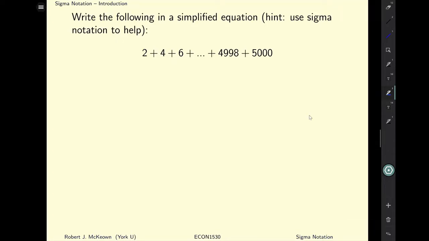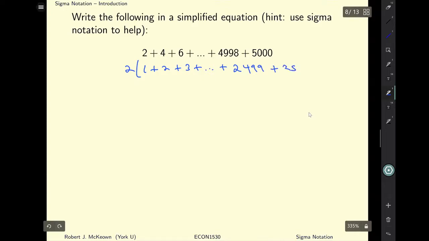Now maybe you see the answer already, but notice that if we factor out a 2 here, we can get something kind of nice where notice that the inside here, this is the Gaussian sum that we saw.